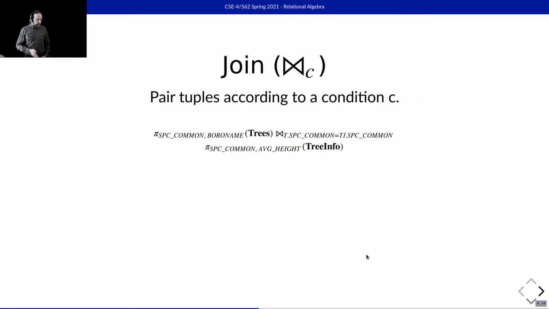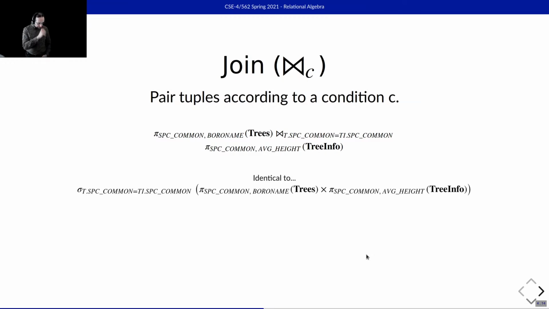And a join uses this funky symbol that looks kind of like a bow tie, and it has a subscript like the selection operator. The join operator you put the condition of the join as a subscript.